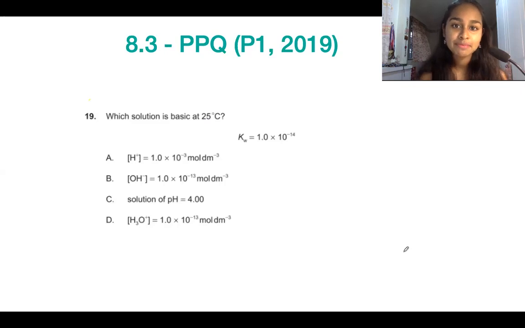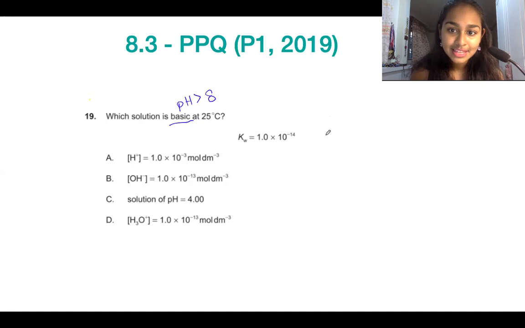I've got a past paper question here, paper 1 from 2019, and the question reads: which solution is basic at 25 degrees Celsius? Remember, basic is anything that has a pH of more than 8, right? So I'm having a look.